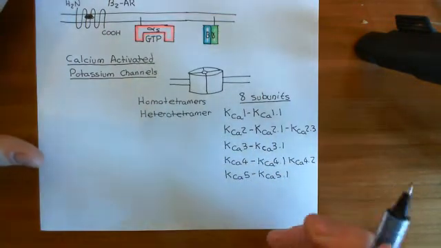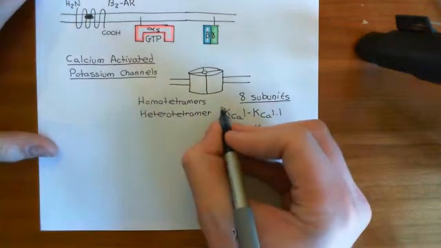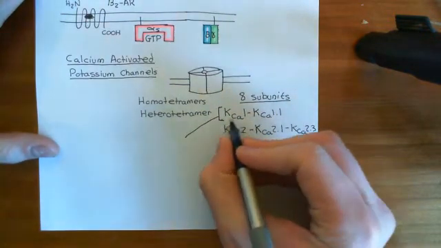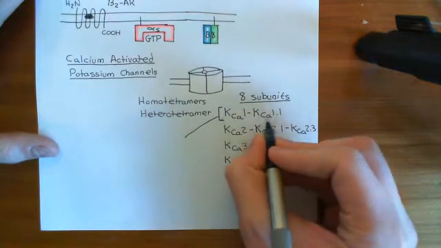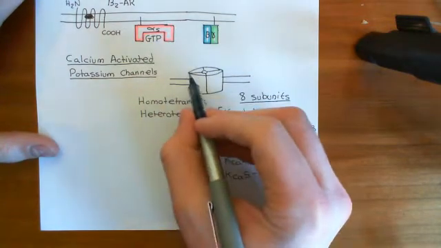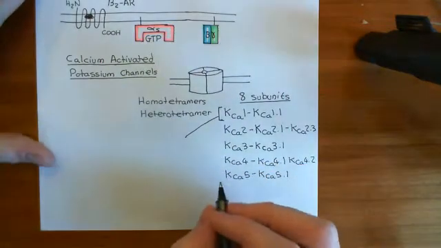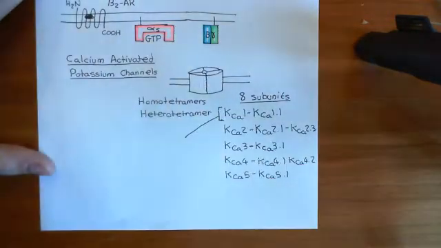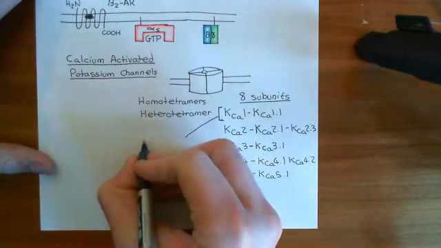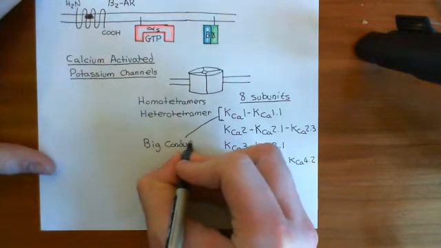So if you make a heterotetramer, you will make it out of subunits in the same family. The other thing to say is that if you make a calcium activated potassium channel out of subunits within this KCA1 family, and obviously there's only one of these, however it does have different splice variants. So you'll always make a KCA 1.1 homotetramer here, but you could have different splice variants of this gene. If you make a calcium activated potassium channel using this KCA 1.1 gene, then it is what's known as a big conductance potassium channel.